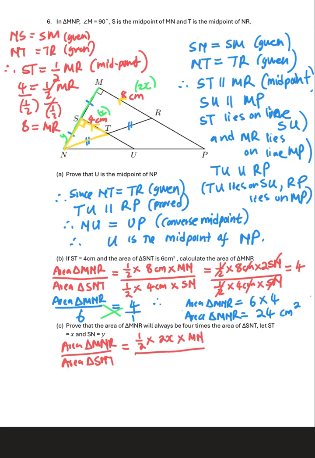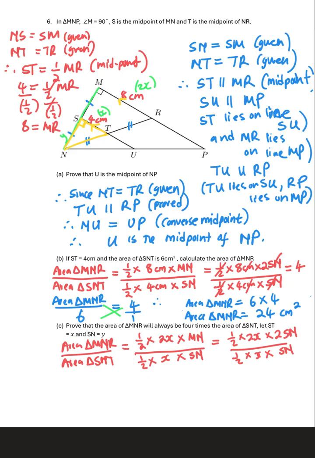And over area of triangle SNT, we have 1 over 2 times base. The base is X, and then the height is what? It is SN. But we know that MN is what? It is 2SN. So we're going to have 1 over 2 times 2X times 2SN over 1 over 2 times X times SN, right?